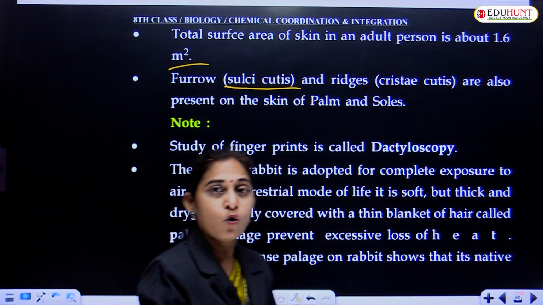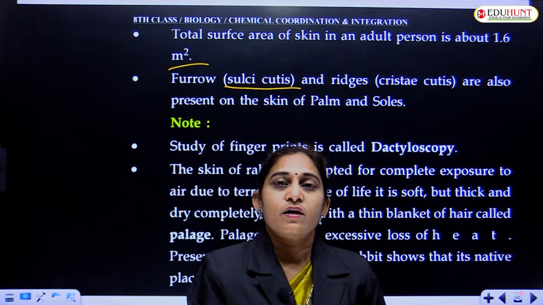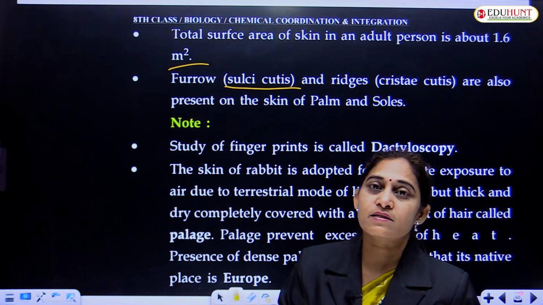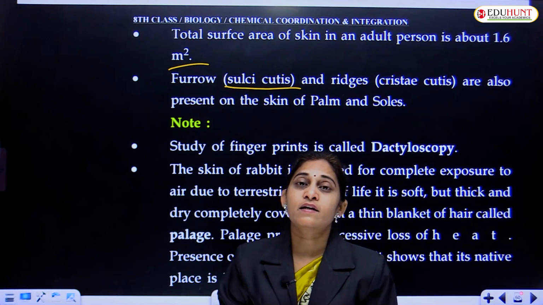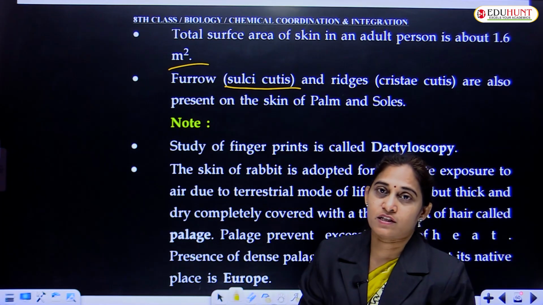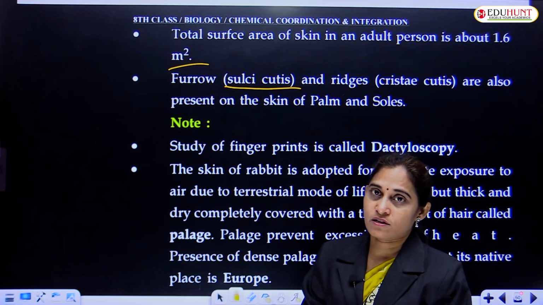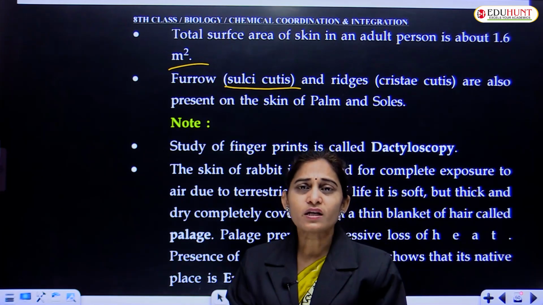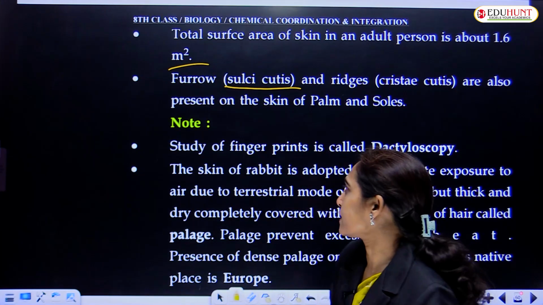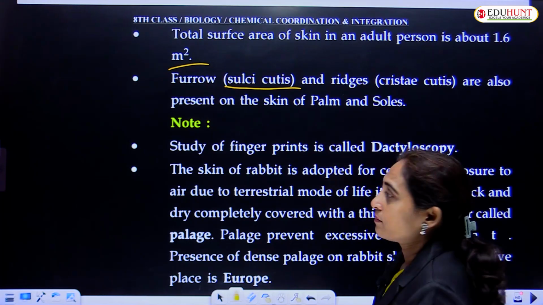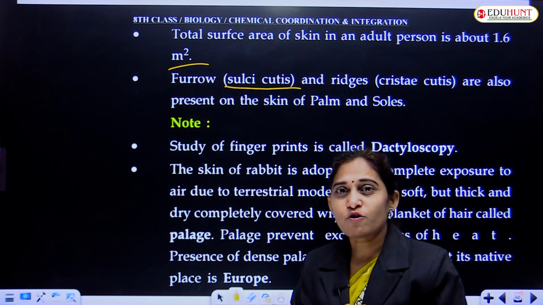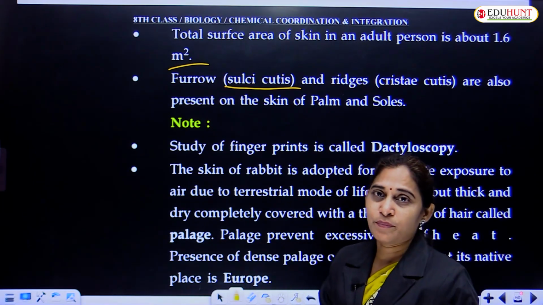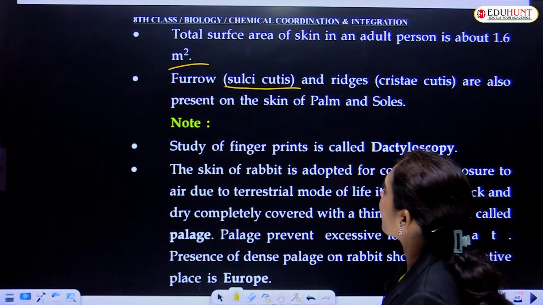The doctor who treats the disorders and diseases associated with the skin is called a dermatologist.